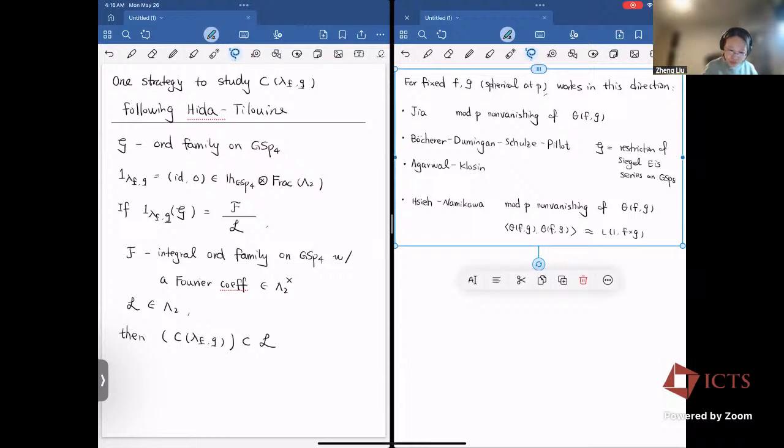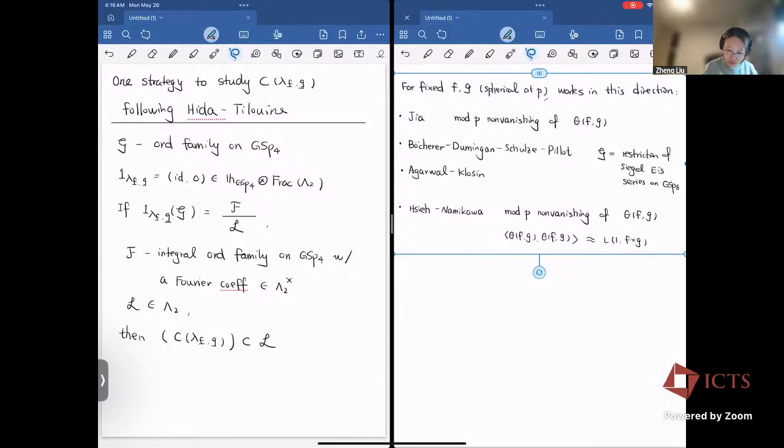So there is the work of Jia. He was considering the mod p non-vanishing of the Yoshida lifts of f and g when properly normalized.